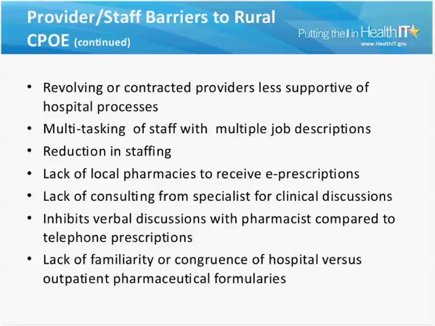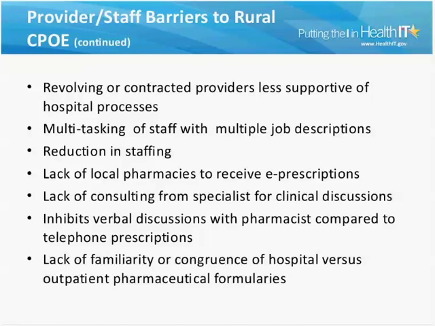Also, in critical access hospitals, you sometimes have issues with contracted providers not being vested employees of the hospital. You also have multitasking of staff with multiple job descriptions and not always a full staff. Some of the local pharmacies in the rural critical access hospital regions don't have the ability to receive e-prescriptions, and all in all, rural areas have lost 853 pharmacies from 2003 to 2011.